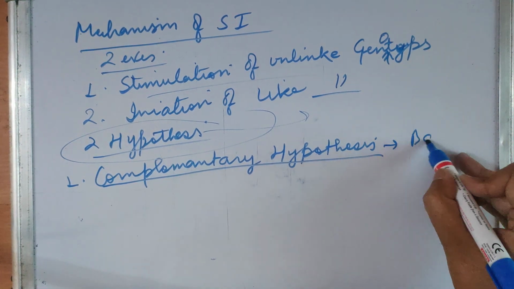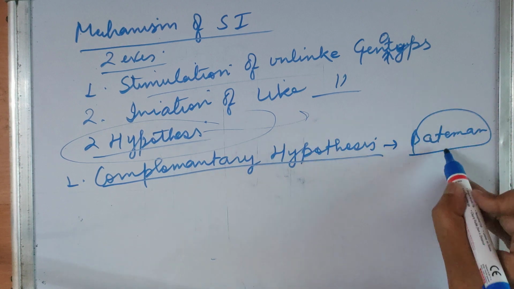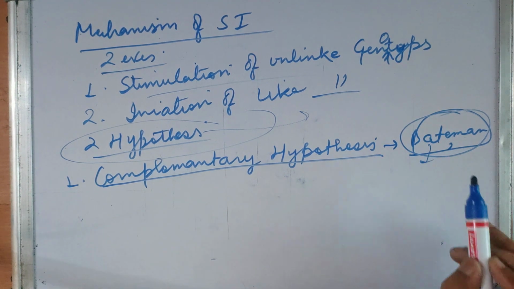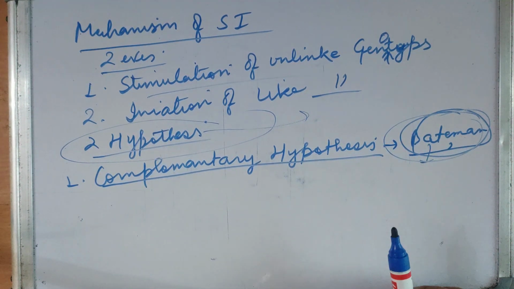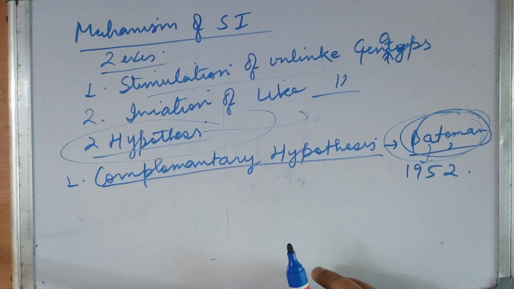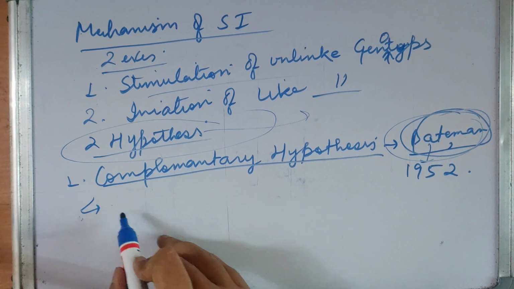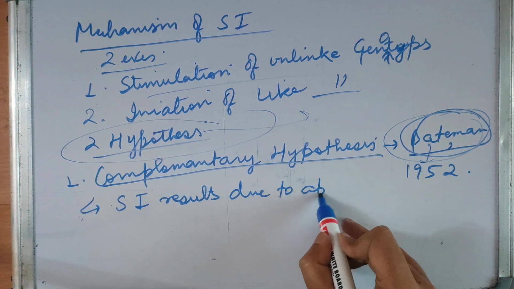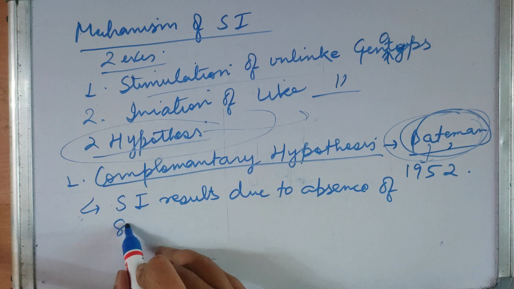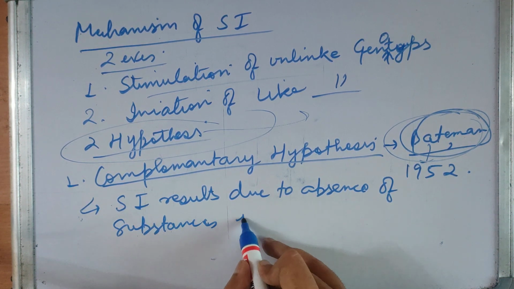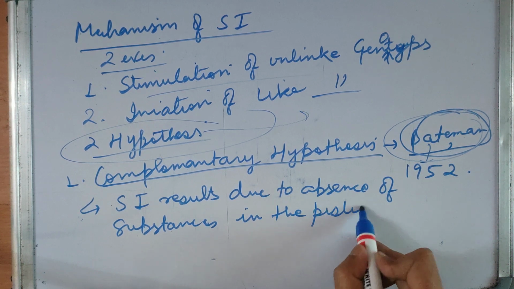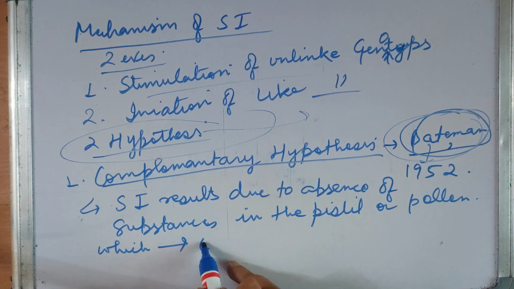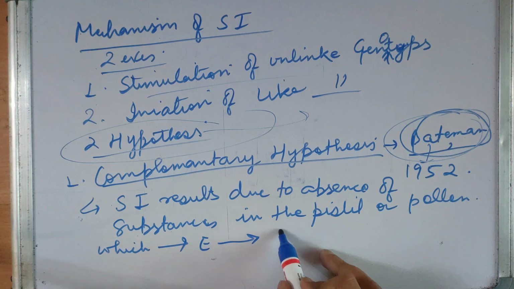This was given by Bateman in 1952. According to this hypothesis, self-incompatibility results due to absence of substances in the pistil or pollen which are very essential for pollen tube penetration.